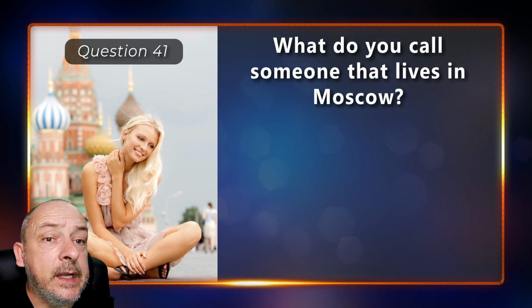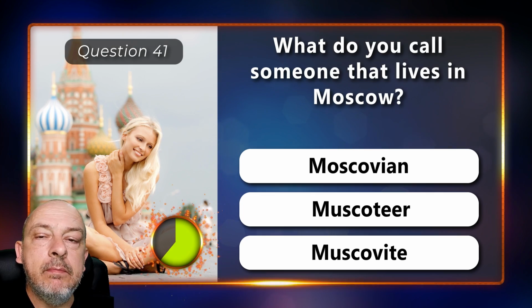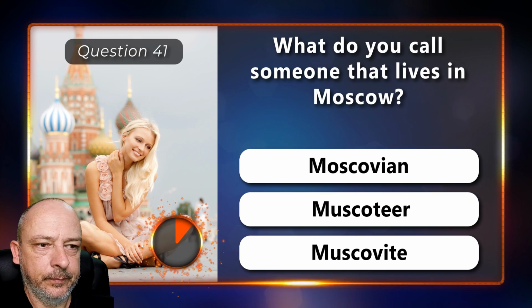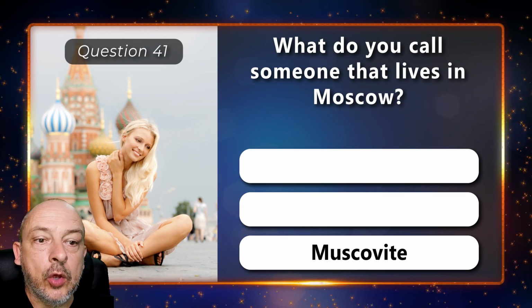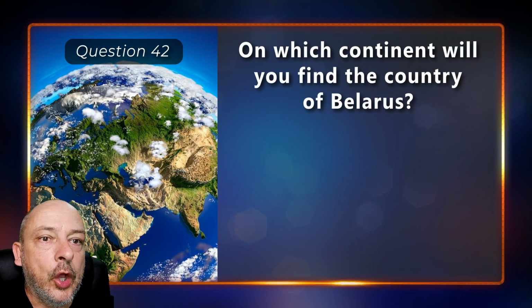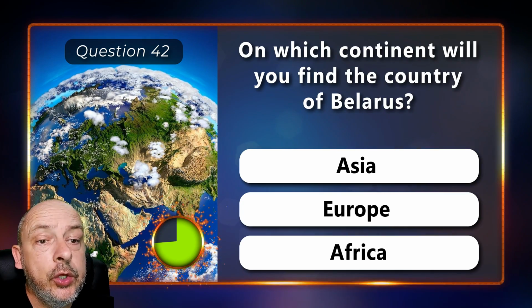What do you call someone that lives in Moscow? Is it a Moscovian, a Musketeer, or a Muscovite? They are called Muscovites. On which continent will you find the country of Belarus? Is it in Asia, Europe, or Africa?